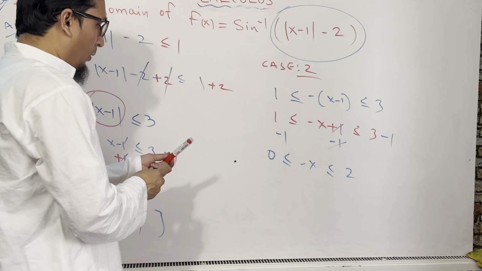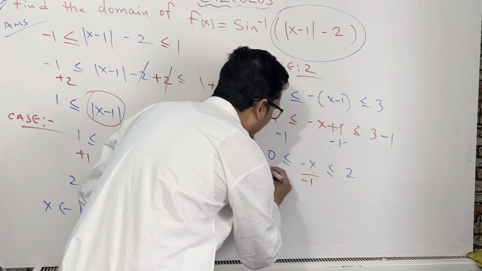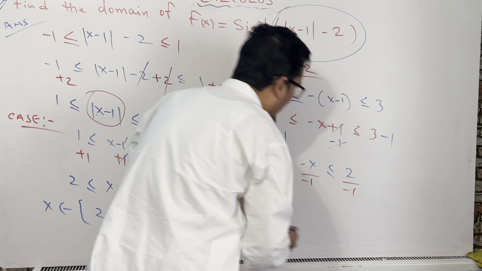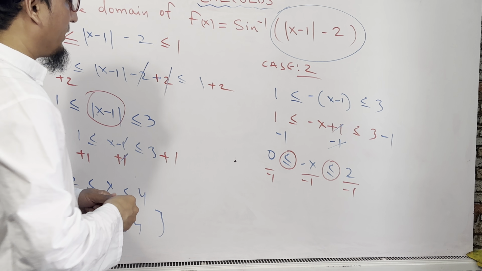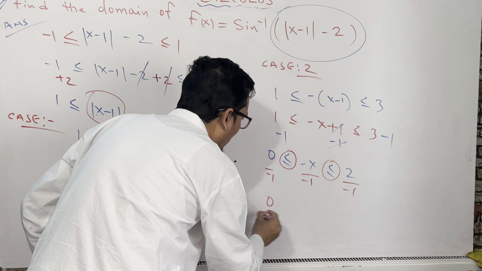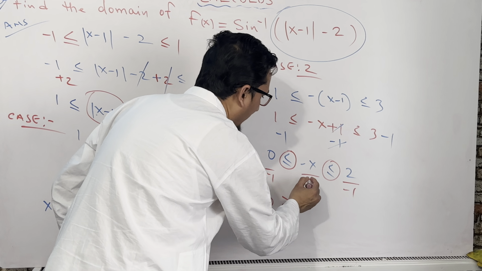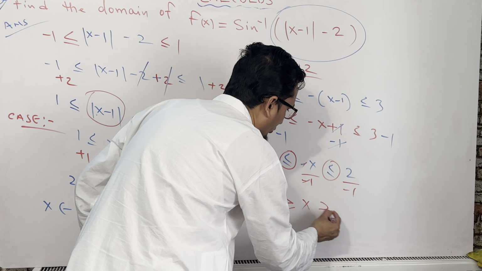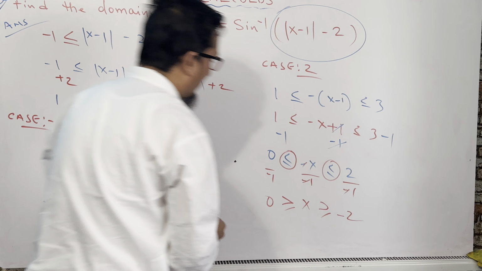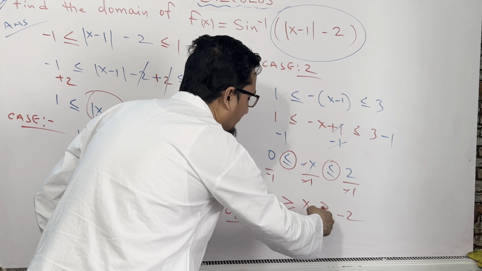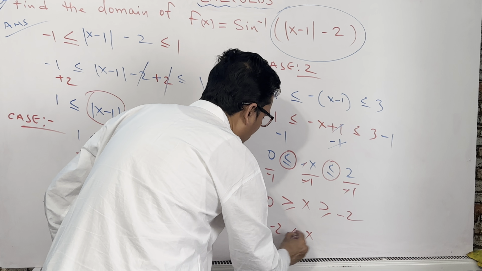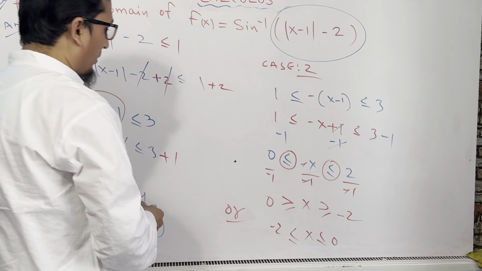Remember one thing, whenever you are going to divide by minus 1 in an inequality, the sign of inequality changes. So this will be 0, this sign changes, and this is x, and this also changes, so you have minus 2. Or you can say x is greater than or equal to minus 2 and less than or equal to 0, right?